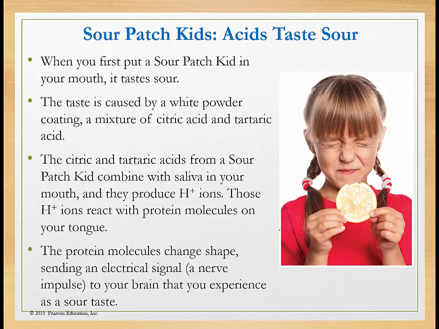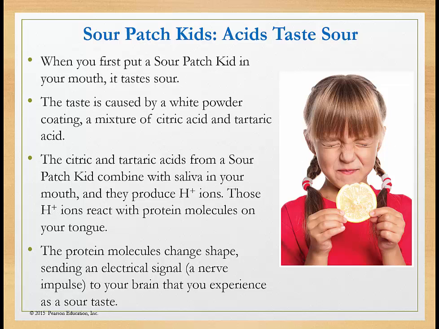If you were to take that candy and wash that coating off, you wouldn't have that sour sensation when you ate it. It would just be a sweet candy. What's happening is the citric and tartaric acids in that Sour Patch Kid combine with the water in your mouth in the form of saliva, and it produces protons or hydrogen ions. Okay?